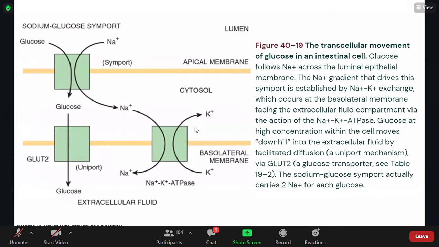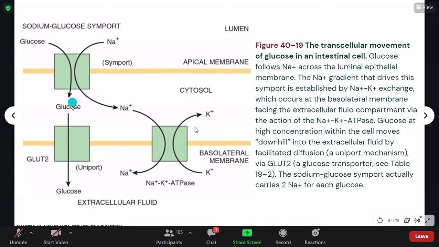All right, so we have here types of transport. You are of course familiar already with this term, symport. Glucose comes in together with sodium. That is a symport.